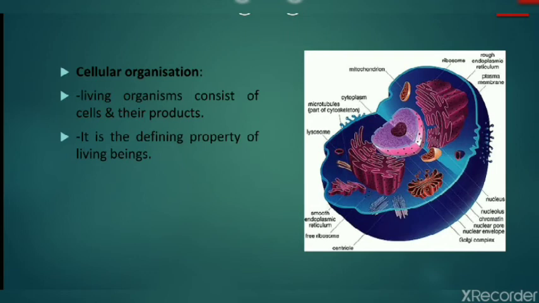Some other properties like locomotion, respiration, and irritability are also considered as attributes of living organisms. Hence, on the basis of this, we can say that living organisms are self-replicating, evolving, and self-regulating interactive systems capable of responding to external stimuli.